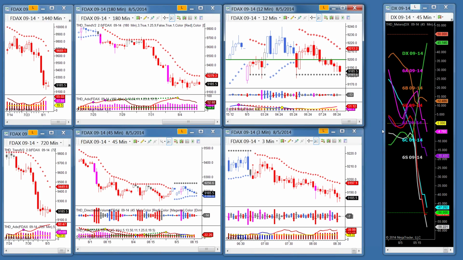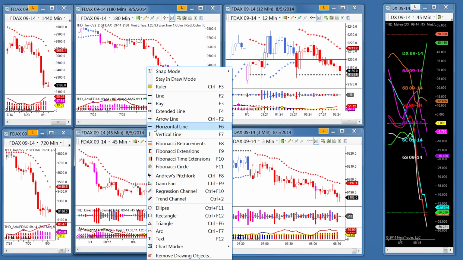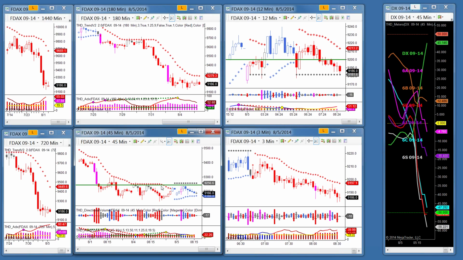Just trying to see if there was a better area to put the 9,200 on. So yesterday, remember we were anticipating this to retrace back to the ATR, okay?